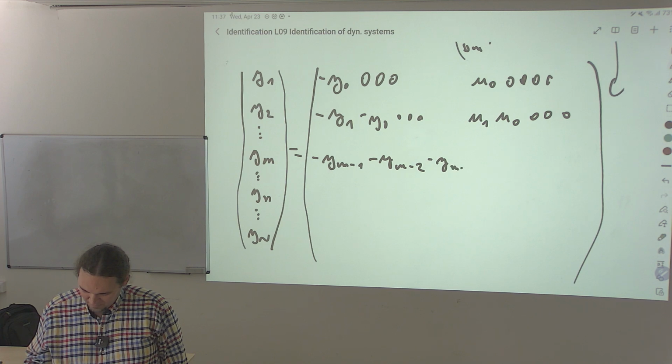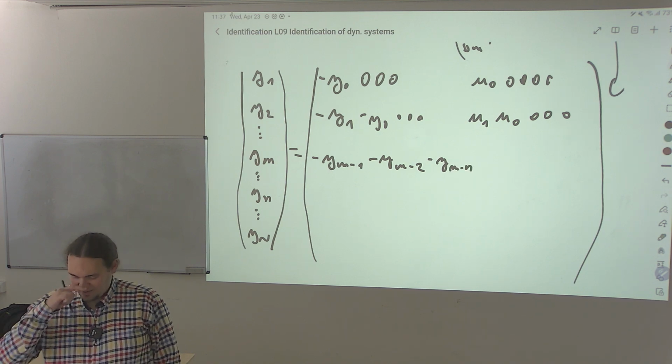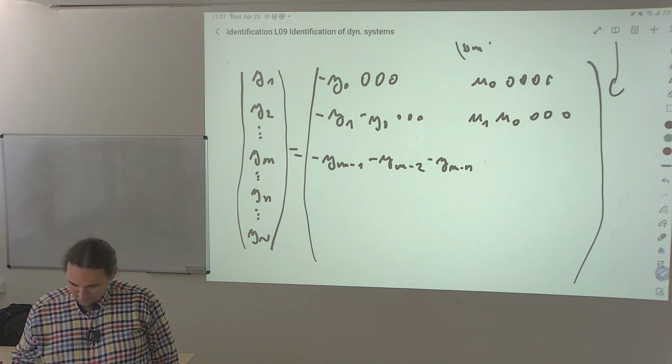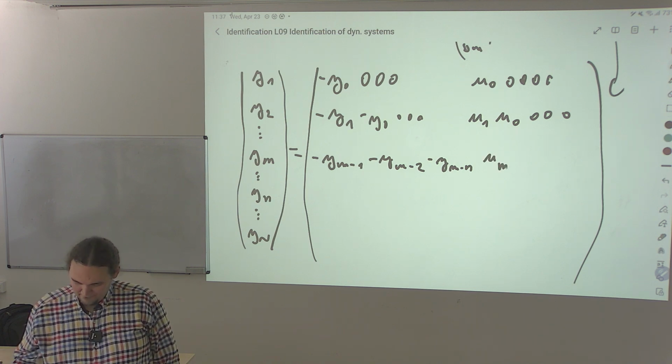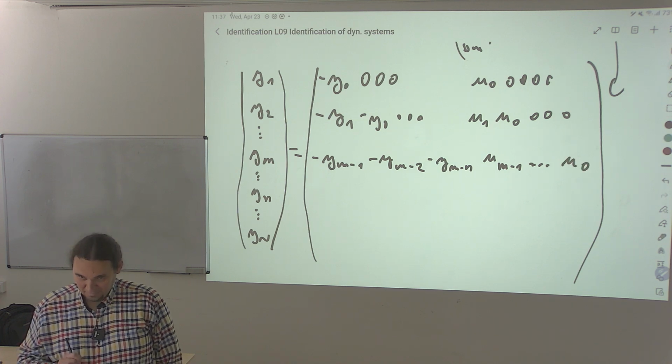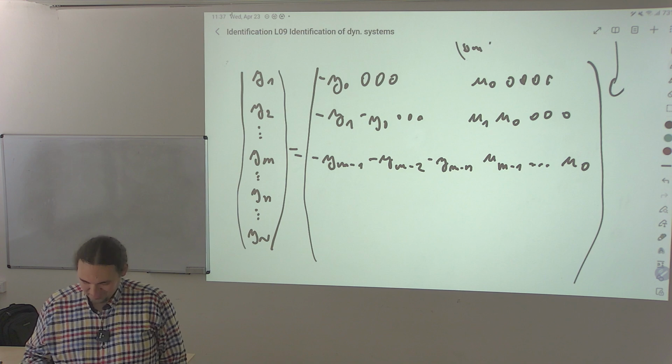There's going to be m minus n. But I just realized that it's going to be somewhere moved.